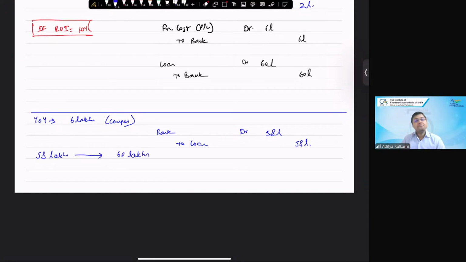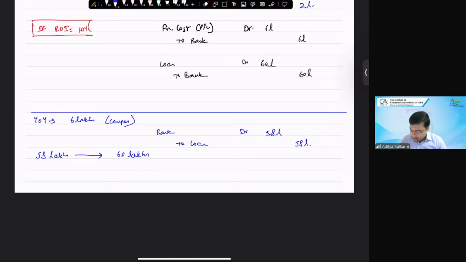Yes or no? Because when you are going to do the settlement of the loan, will you pay only 58 lakhs? No, sir. You will pay 60. You have taken 60, right? So you will pay 60 lakhs. Therefore, one build-up is 58 to 60. Sir, we will take the hit in the last year in the P&L.